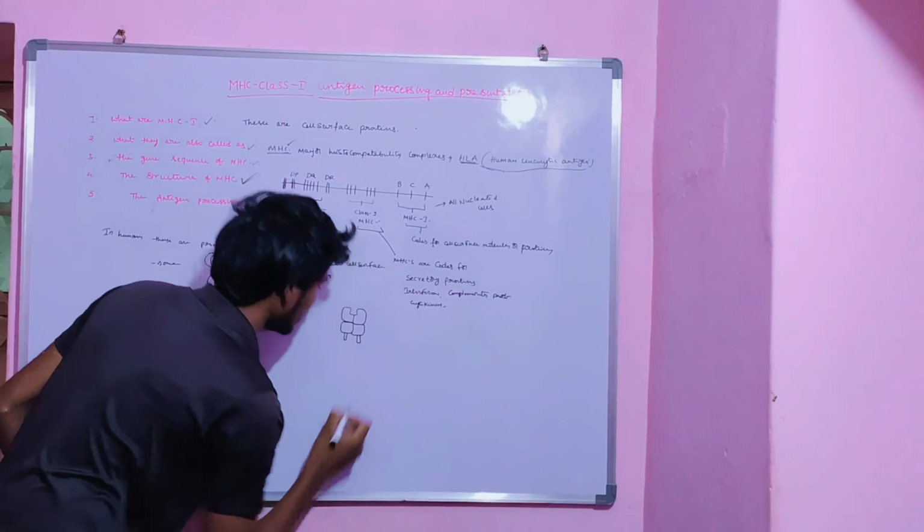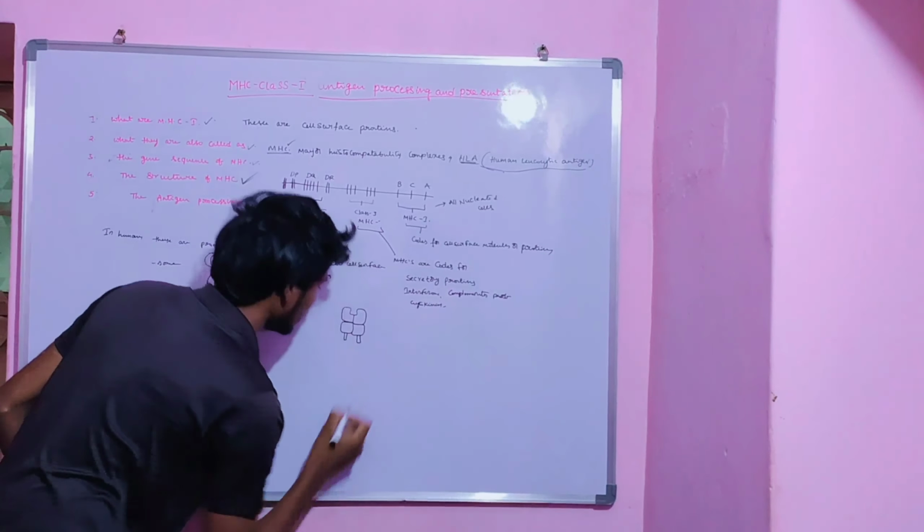processing. Okay, antigen processing. This TAP transporter is coming from the gene locus of MHC molecules, from the DQ arm, DP arm.